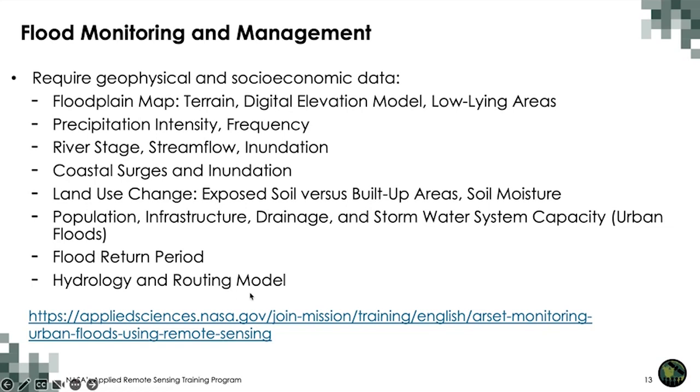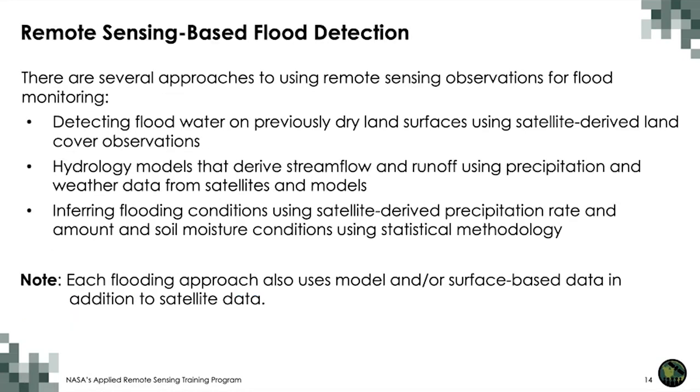Hydrology and routing models not only help in monitoring and management in real time, but they can also be used in forecast mode or predictive mode for flood management. So flood extent and flood intensity can be predicted using these models. And we will talk about that in this webinar.